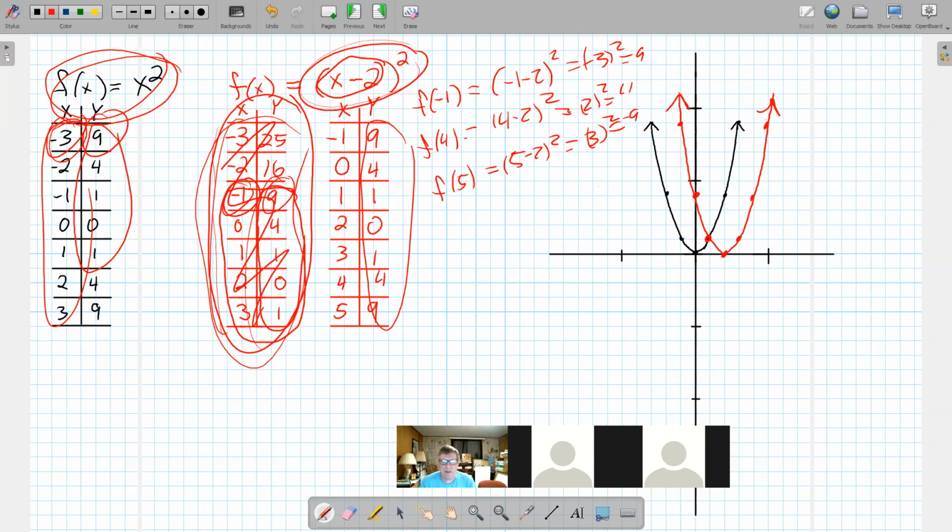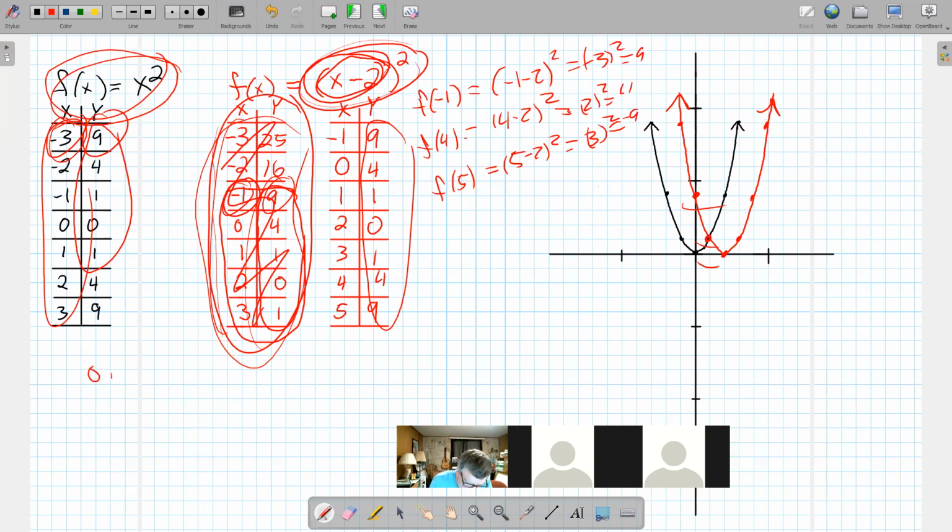Look what happened. It shifted to the right. How many units to the right? 2 units to the right. Everything moved 2 to compensate for that.